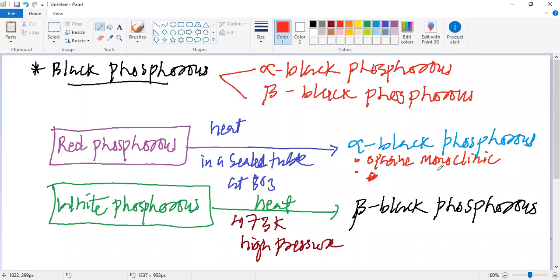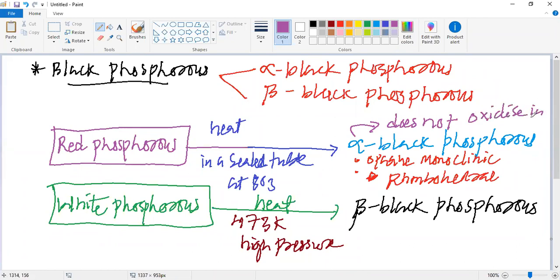So either it can have opaque monoclinic crystals or it may have rhombohedral crystals. Another important thing is that alpha black phosphorus does not oxidize in the air.